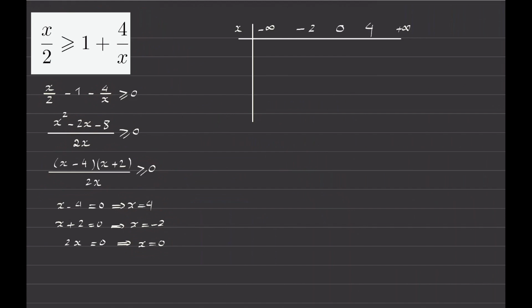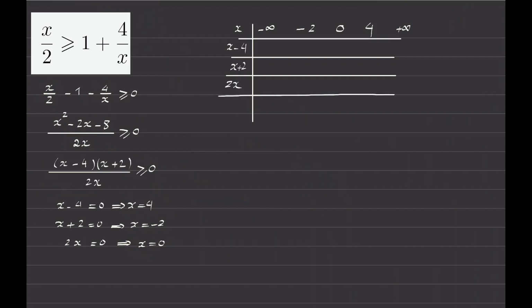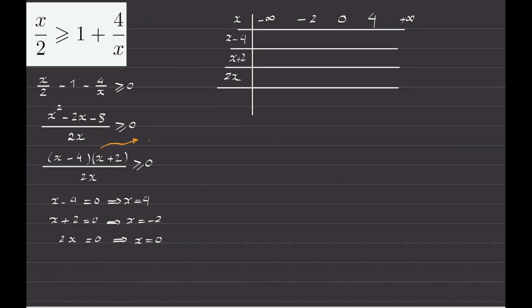And then I will have 3 rows for my factors. One factor is x minus 4. The other factor is x plus 2, and the final factor is 2x, and the last row is for the expression itself. For simplicity, if you don't mind, let me give this expression a name. Let me call it e.